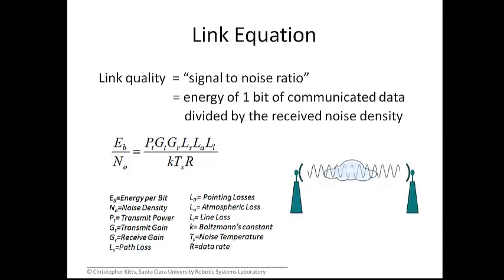So we're going to derive it, and we're going to explain every single one of those terms. But to get started with, we see Eb divided by N0. That's energy per bit divided by received noise. And you can see the definition of the terms there below the equation, and you can see things like transmit power and my transmitter antenna gain, my receive antenna gain, and so on.